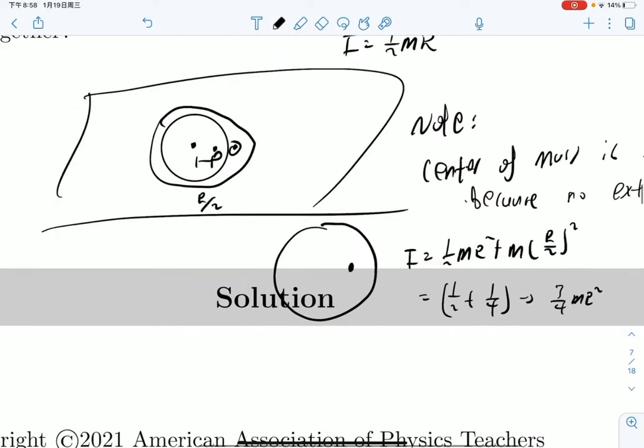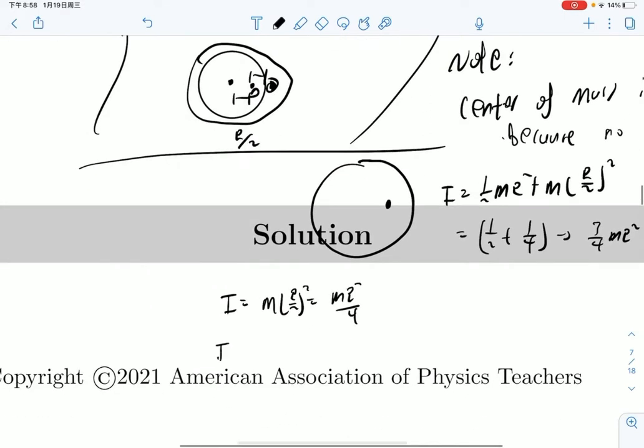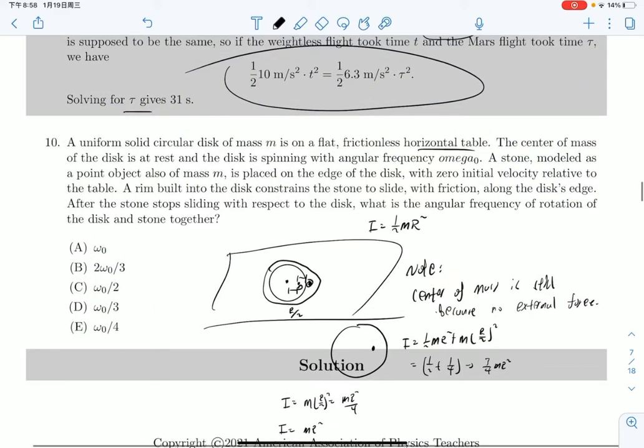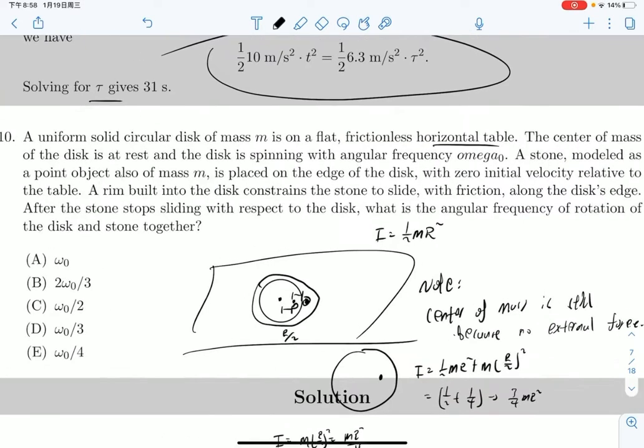And you can see for this point, the I is equal to m (r divided by 2) squared, which is equal to mr squared divided by 4. So the total moment of inertia is equal to mr squared. And now you can see that initially the disk is spinning with angular frequency of omega 0.